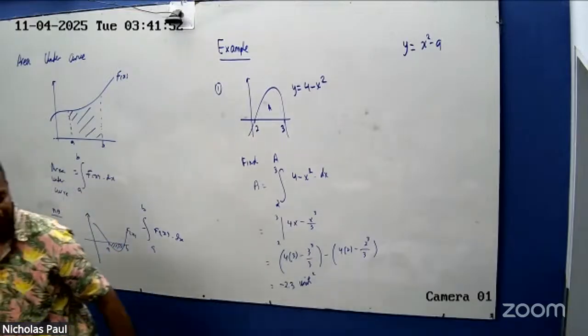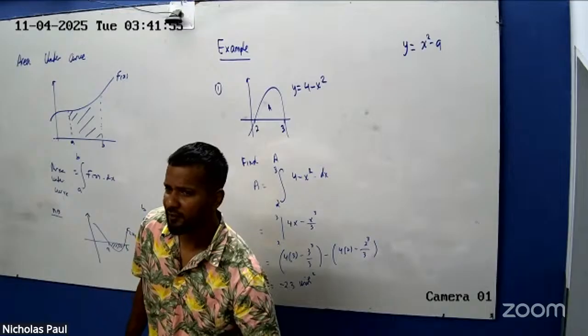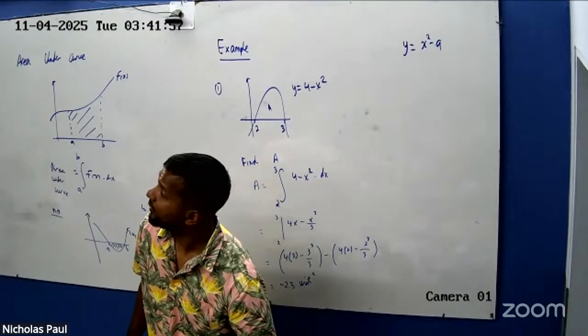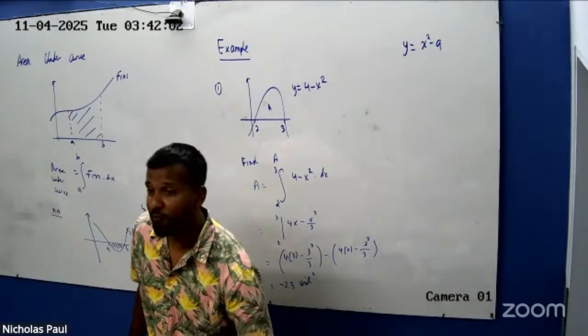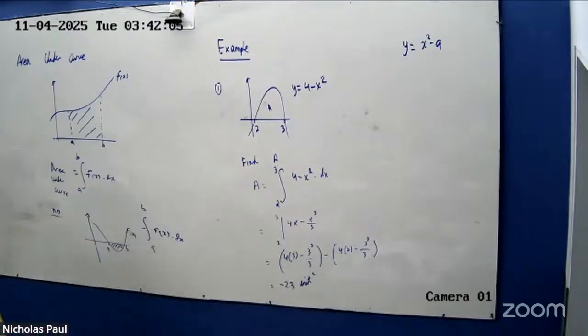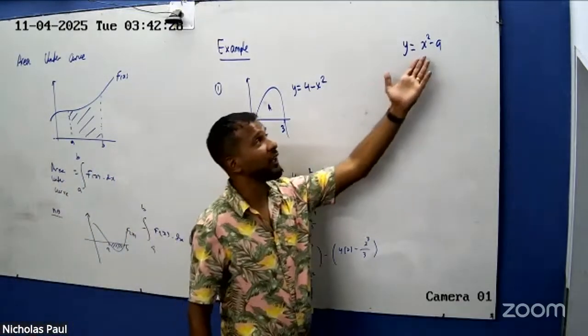So here's the big problem. What's the big problem? We don't know the limits, so you have to figure out what the limits are. How? You've got to figure out how. Hint: what kind of equation is this?